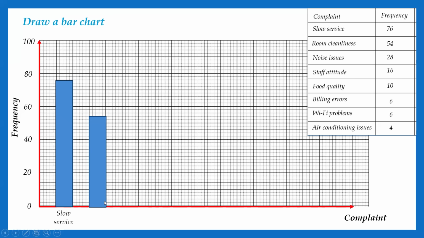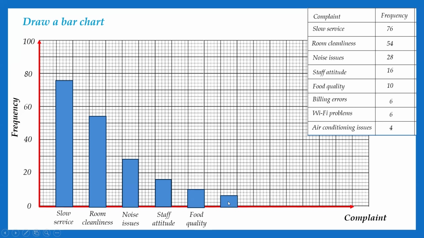Then noise issues 28, staff attitude 16, food quality 10, billing errors 6, the Wi-Fi problem also 6, and finally air conditioning issues 4.